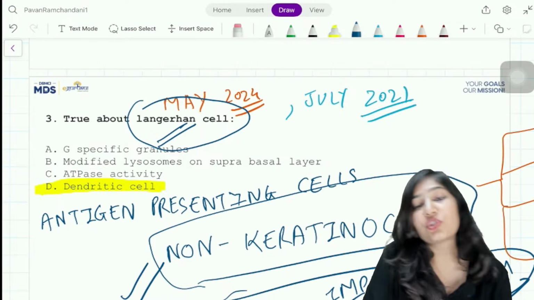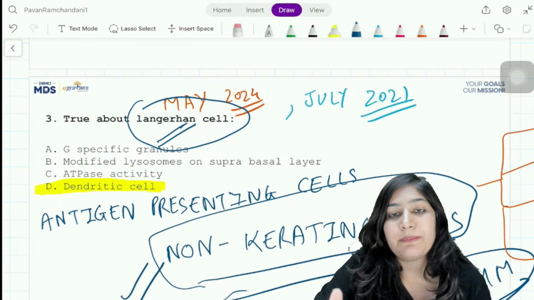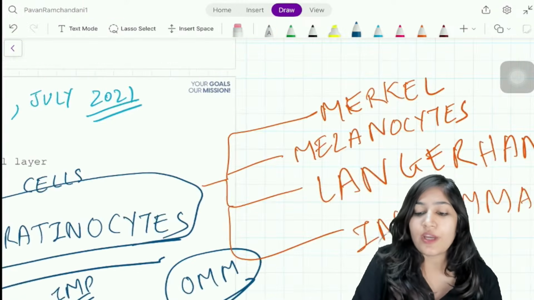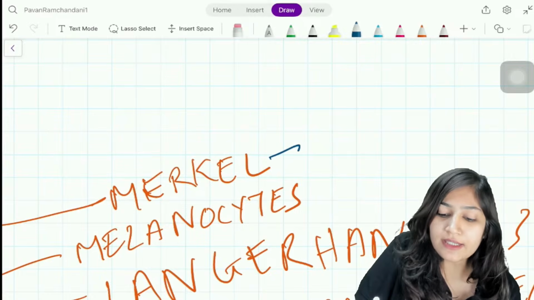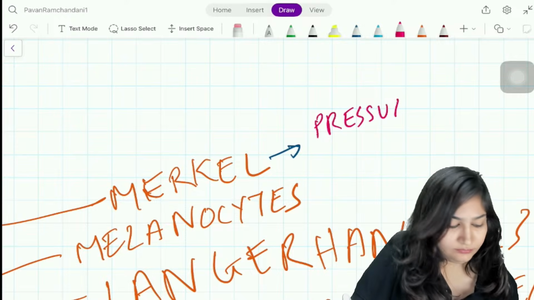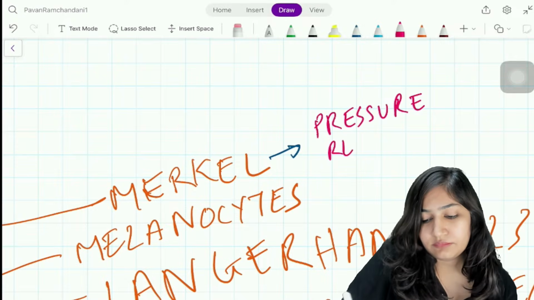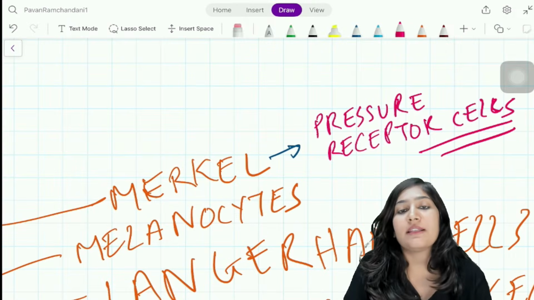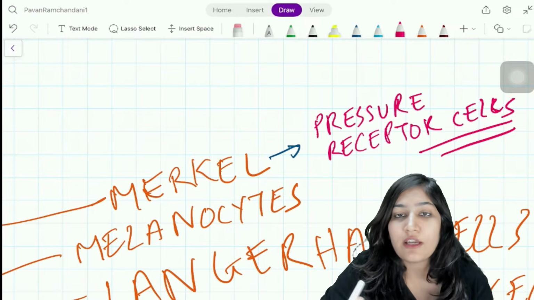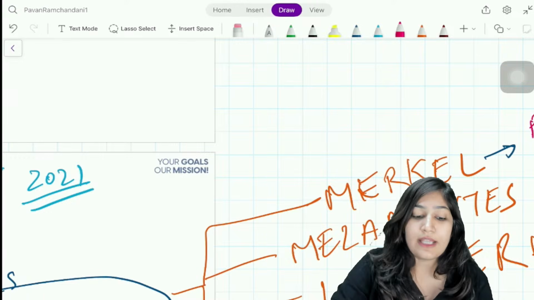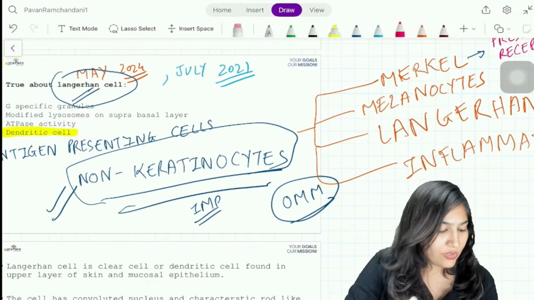Melanocytes mainly are associated with formation of melanin pigment, and Merkel cells are pressure receptor cells. So again an MCQ can be asked which are the pressure receptor cells. Pressure receptor cells are our Merkel cells, which are present near the nerve fibers in the basal layer. And Langerhans cells are not present in the basal layer. They are present in the superficial layer. Okay.